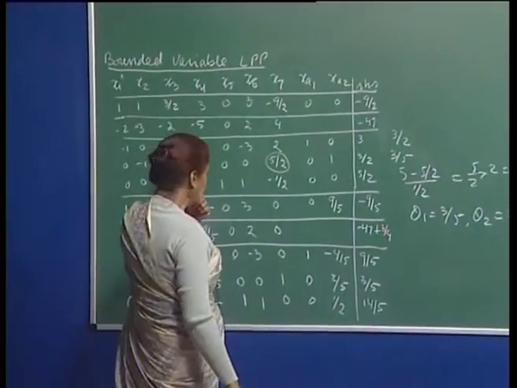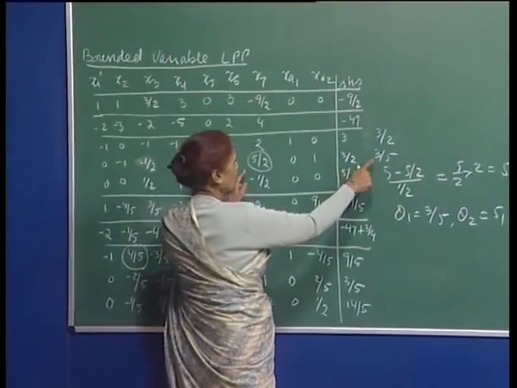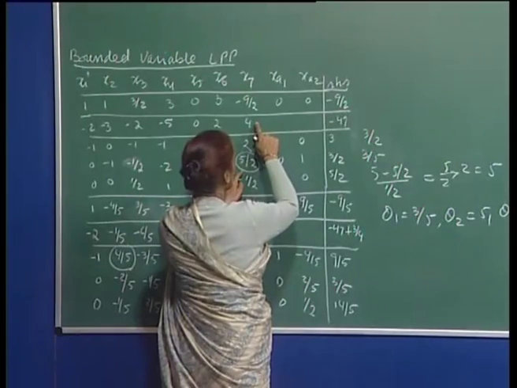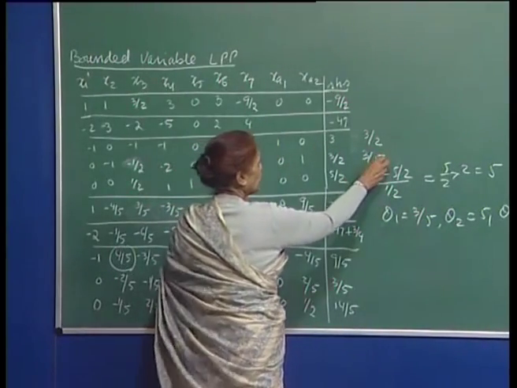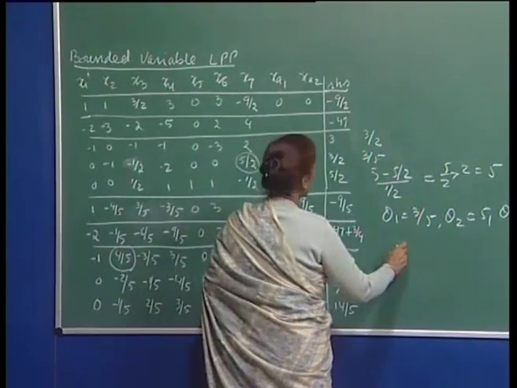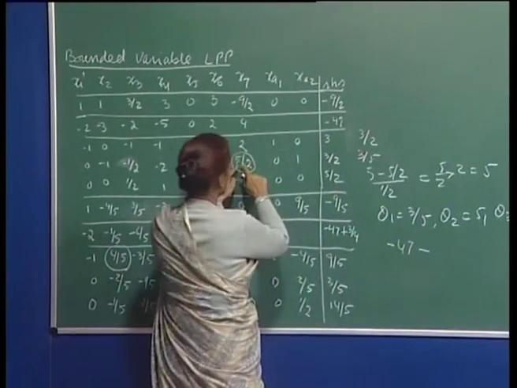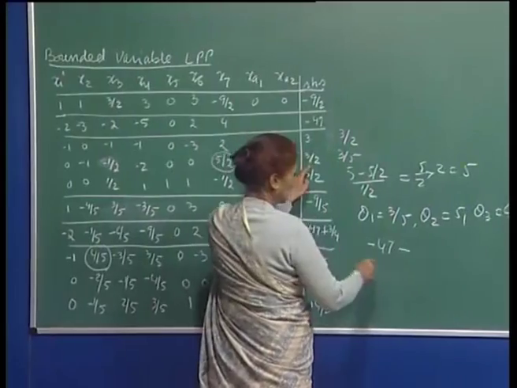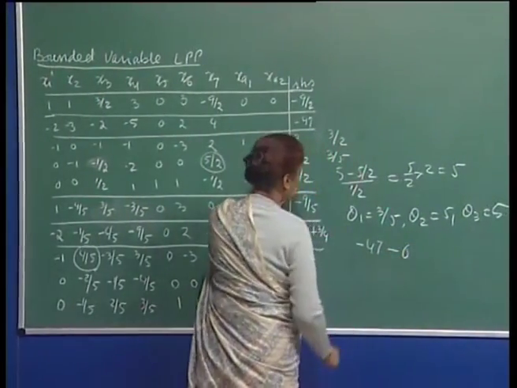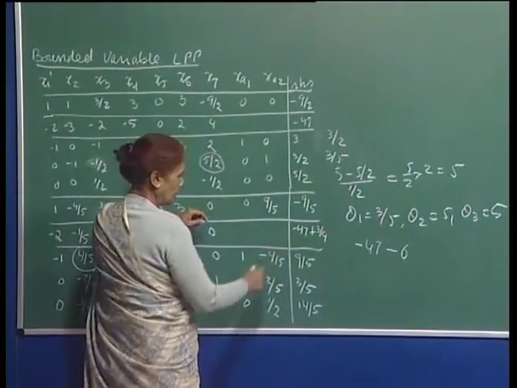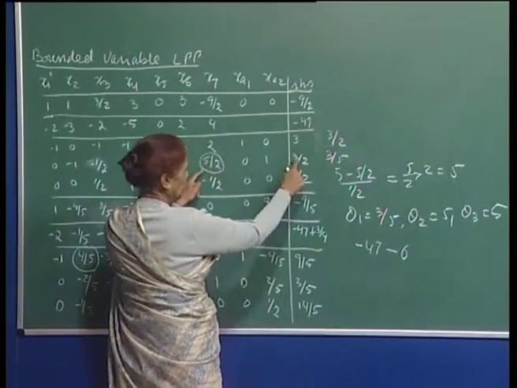Maybe we can make a quick check here. See here, this is 3/5, and to make it 0 here, I have to multiply this by 4 and subtract. So, that means it should be minus 4/7 minus 4 times, you have to subtract. Sorry, this becomes 3/5.